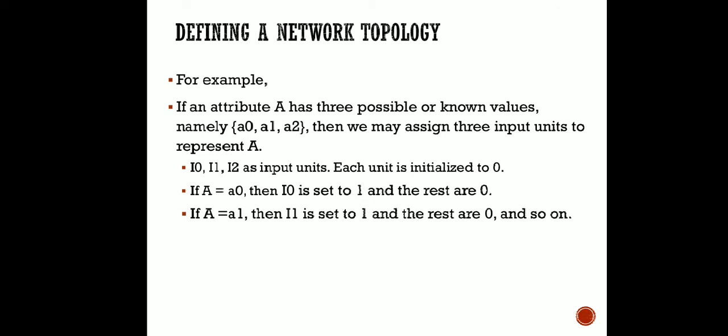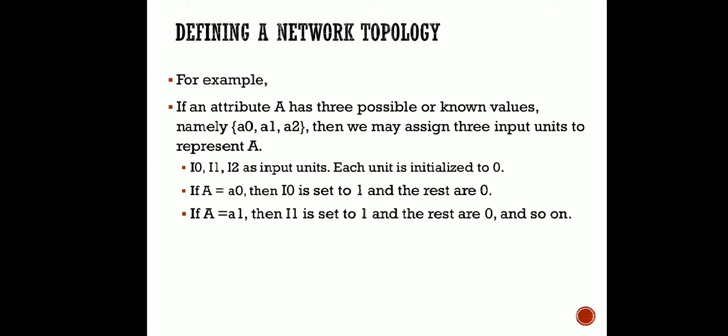Now for example, say for an attribute there are three possible known values. These are, say, A0, A1 and A2. Now if we assign three input units to represent A, why are we using three input units? Because you can see there are three possible known values.